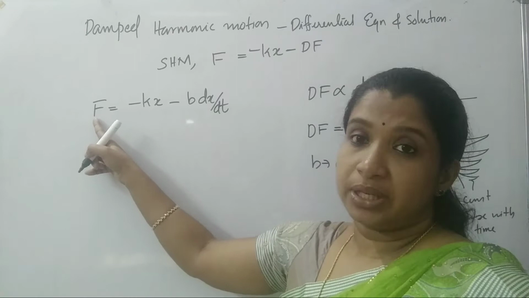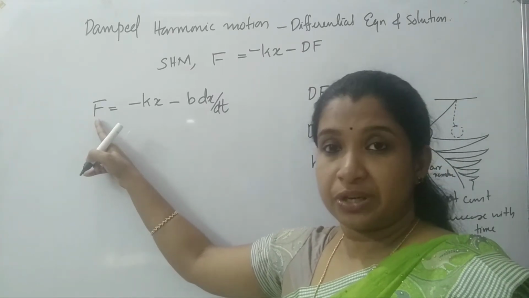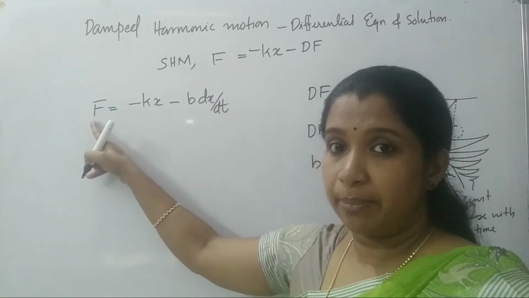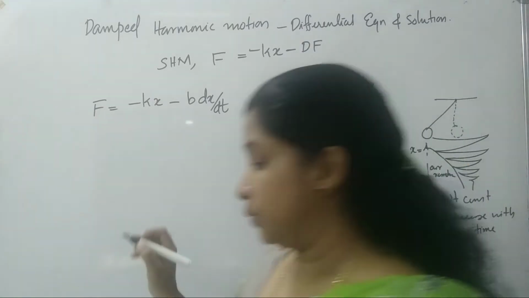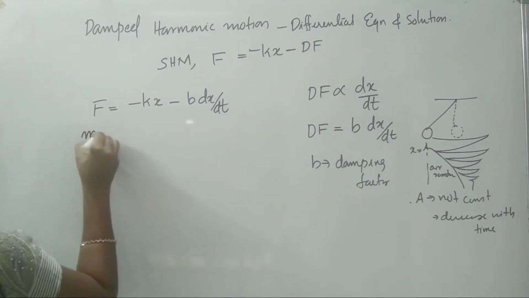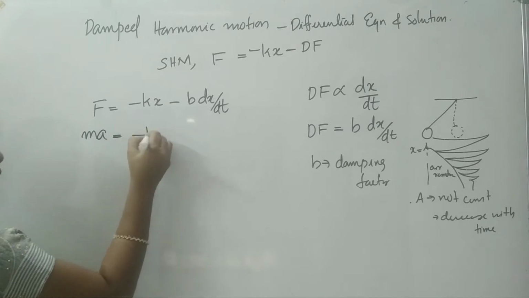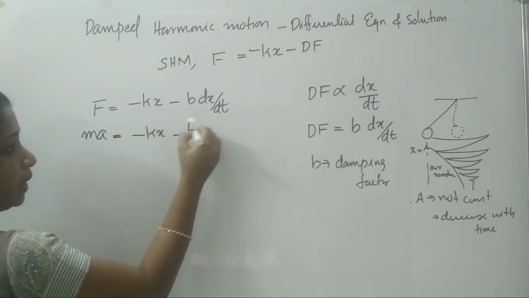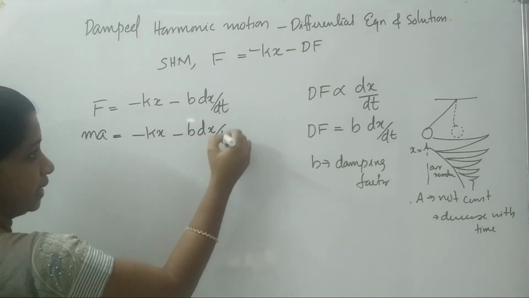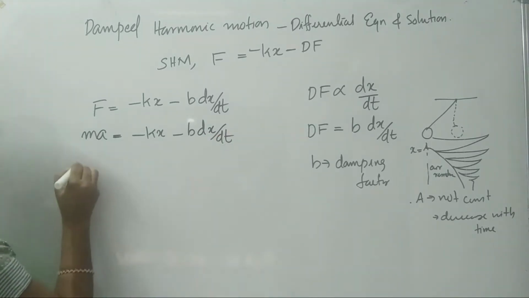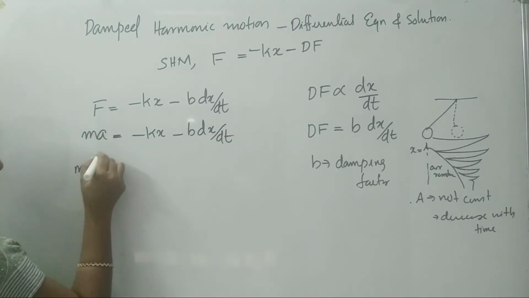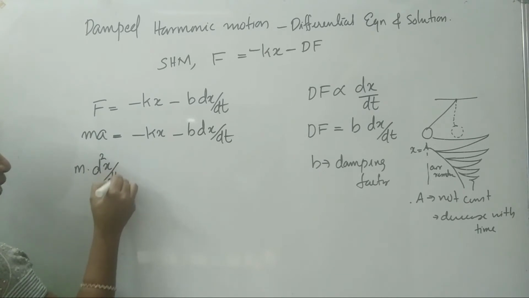Here we know that according to Newton's law, the expression for force is F equal to ma. So ma is equal to minus kx minus b dx by dt, and acceleration is d square x by dt square.